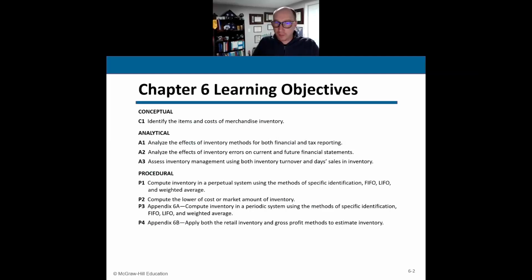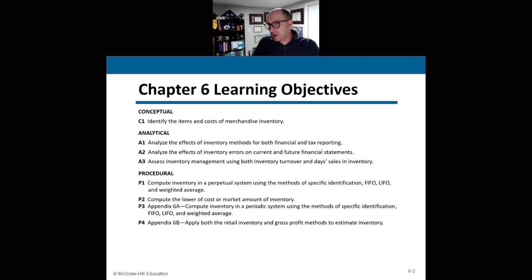We'll talk about how to value the inventory using specific identification, first in, first out, last in, first out, and weighted average methods. We'll also talk a little bit about lower cost of market, and I'll show you how to compute specific identification, first in, first out, last in, first out, and weighted average.